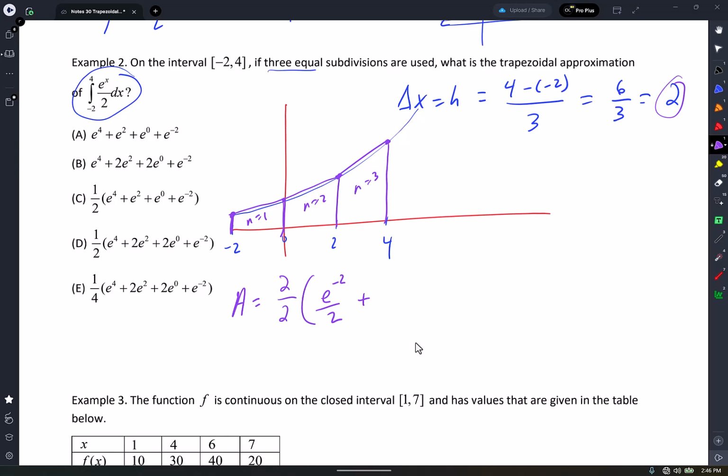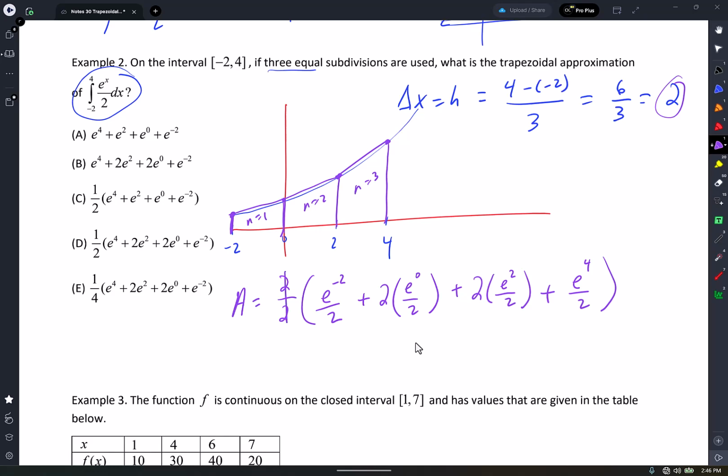Plus, the next one has a 2 in the front: 2 times e to the 0 over 2, plus 2 times e squared over 2, plus, this is my last one. Does my last one have a coefficient of 2 in the front? No. e to the 4th over 2. What's 2 divided by 2? 1. So this is just a 1.